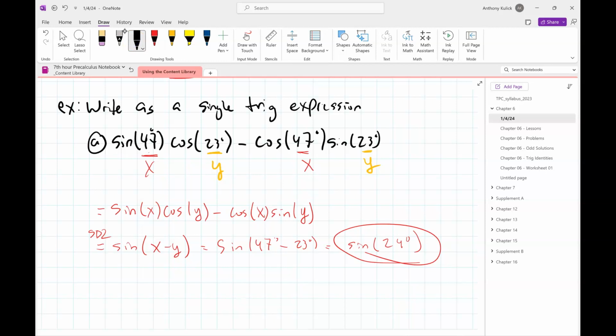All right, let's do some examples using the power reducing identities. So that's on the back page.